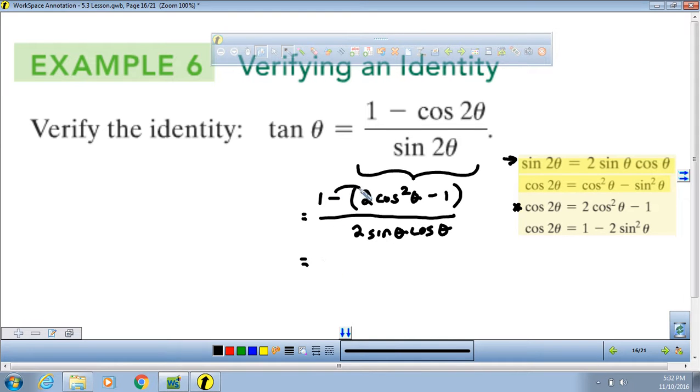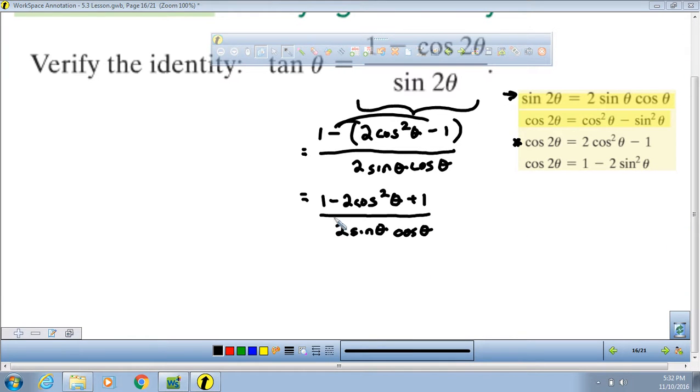So distribute the negative up here. That gives you 1 minus 2 cosine square of theta. Negative times a negative 1 is positive 1, right? So over 2 sine of theta times cosine of theta.